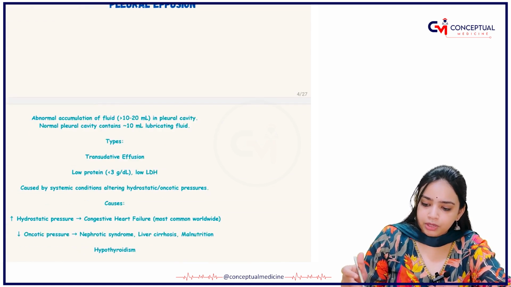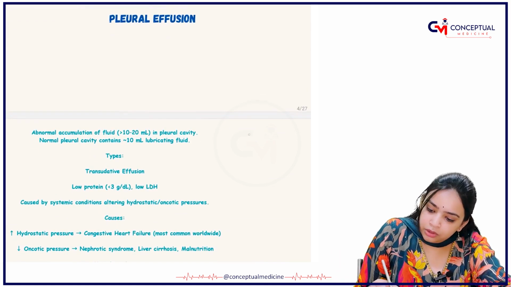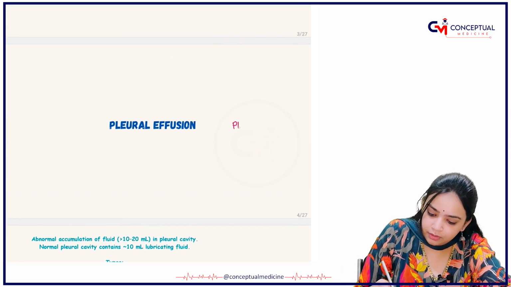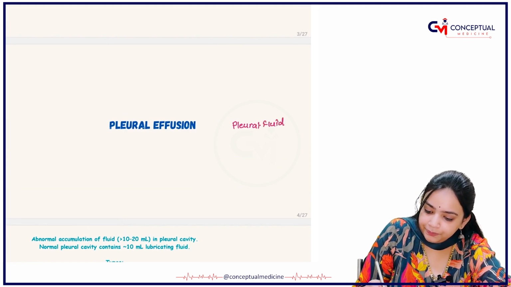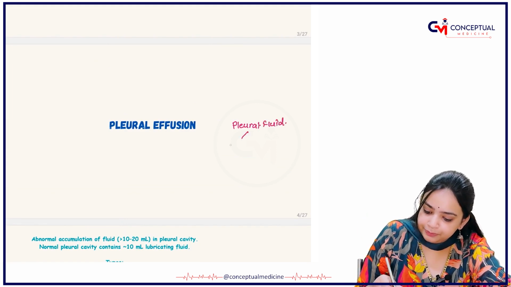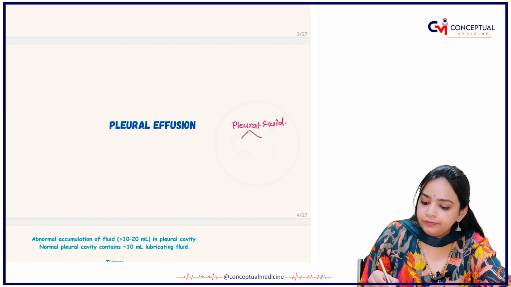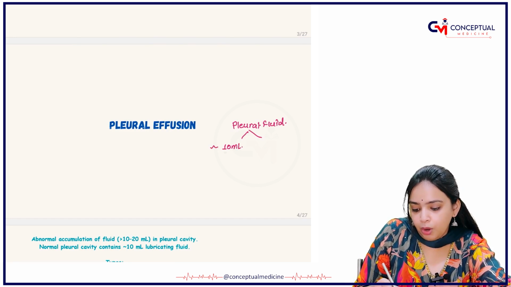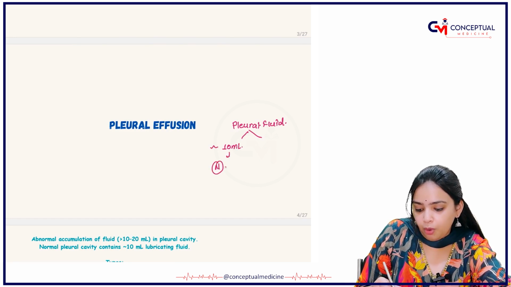First one is your pleural effusions. So see, you have something called pleural fluid. If the pleural fluid is, let's say, 10 ml, normally approximately it is normal.